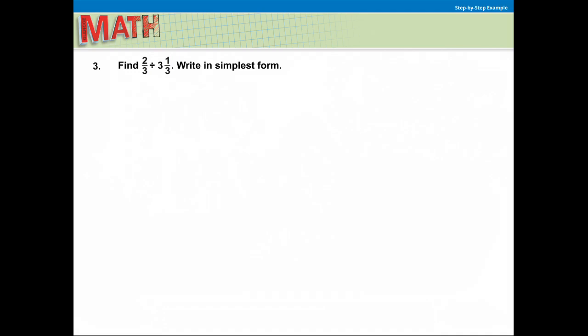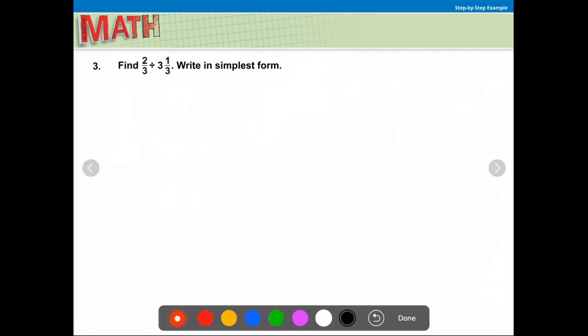We'll do it again, a little bit more difficult this time. All right, so I'm going to write 2/3 divided by 3 1/3, and my step 1 is to rename.